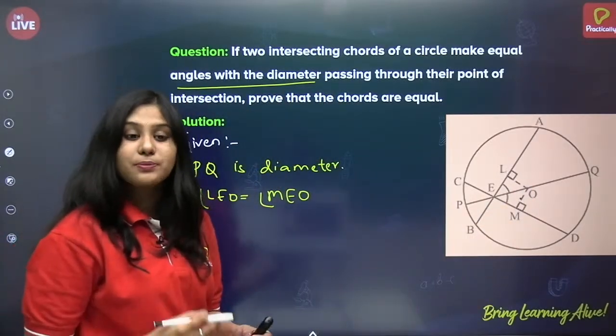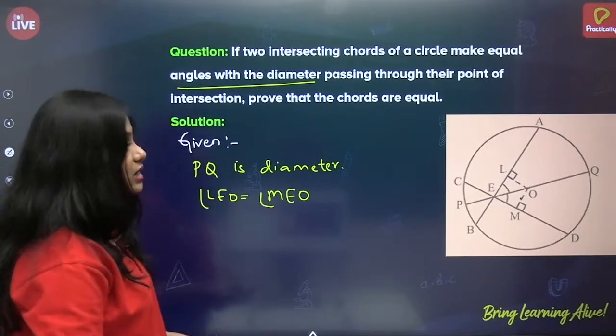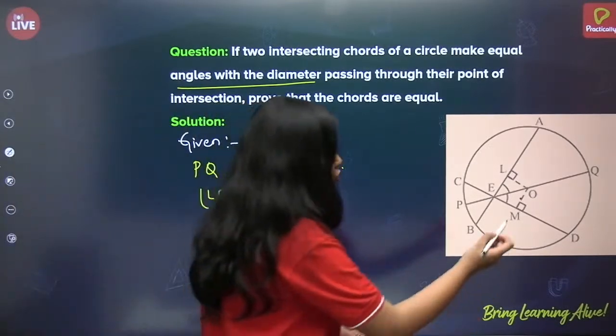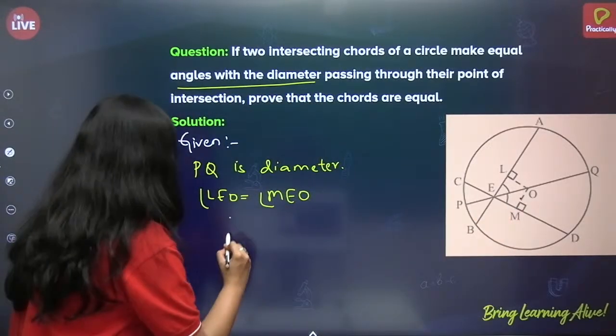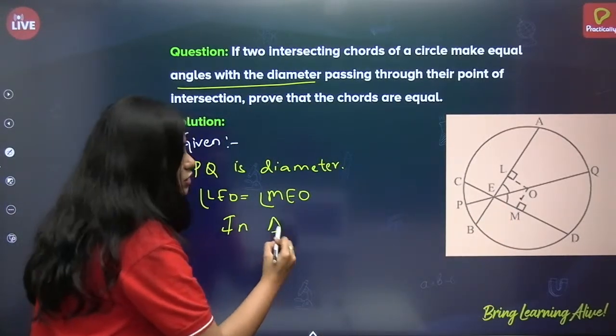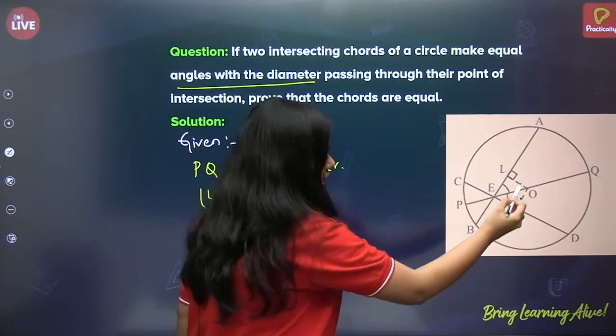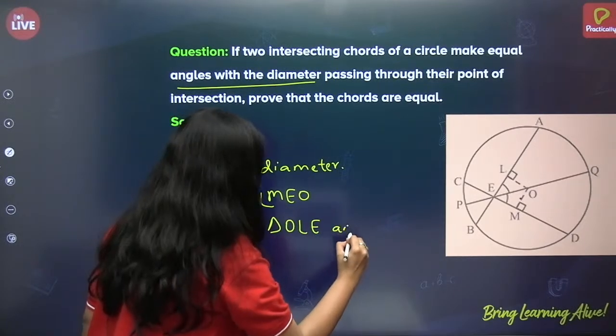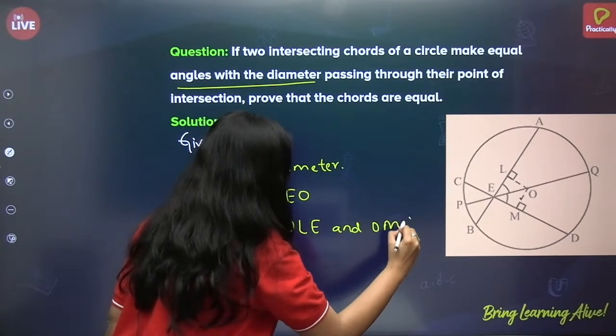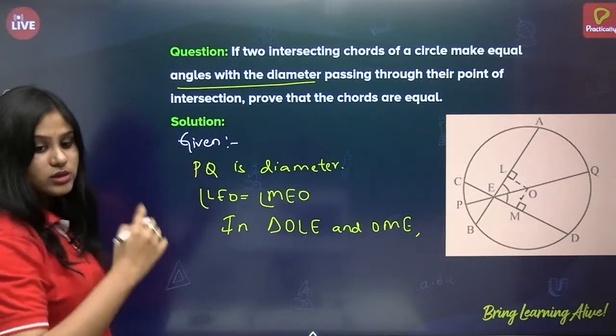What are these? The perpendicular distances, correct? And we also know that if it is perpendicular, it makes 90 degrees, right? So now let us consider triangles OLE and OME. Okay, so let us start solving.